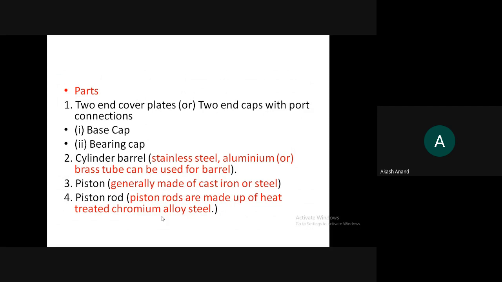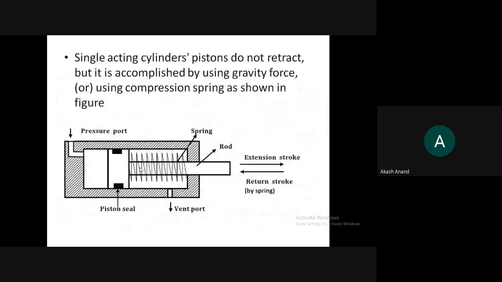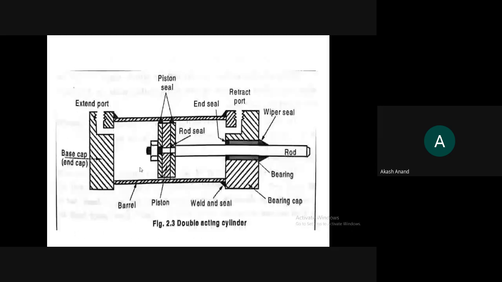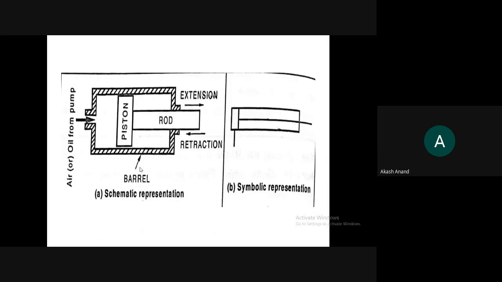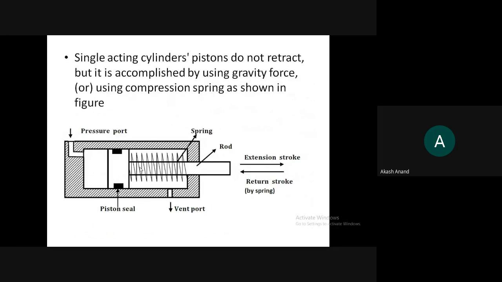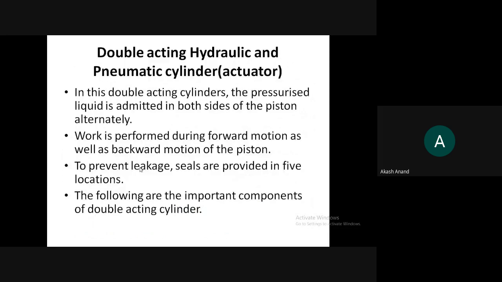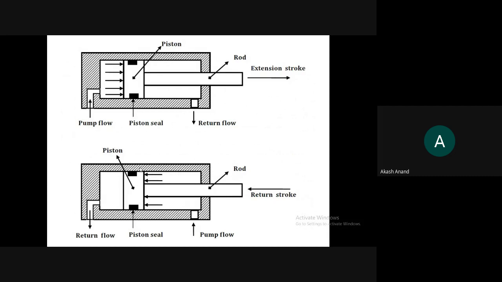You can use the same information in the case of a single acting cylinder also. There will be very few differences. You already know the difference between single acting and double acting hydraulic or pneumatic cylinders. The major difference is the number of ports: only one port in a single acting cylinder and two ports in a double acting cylinder.